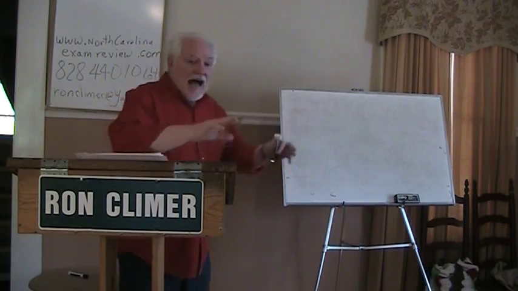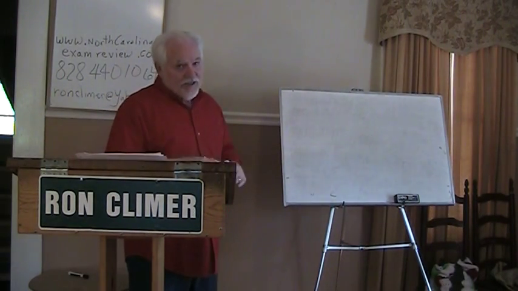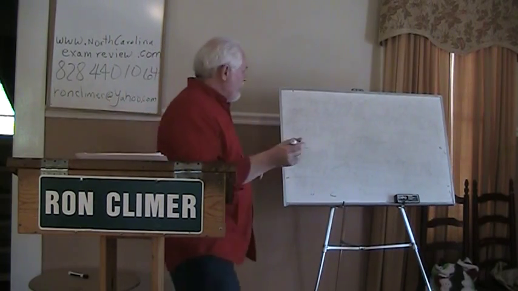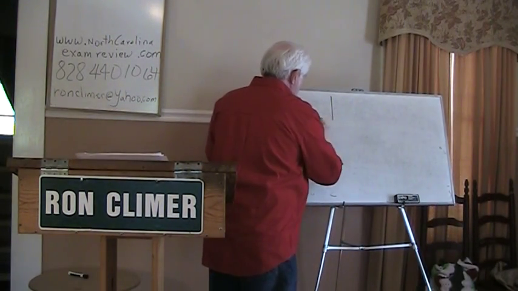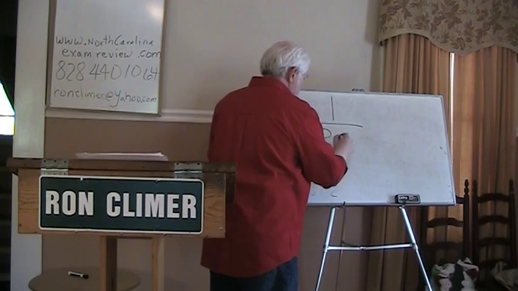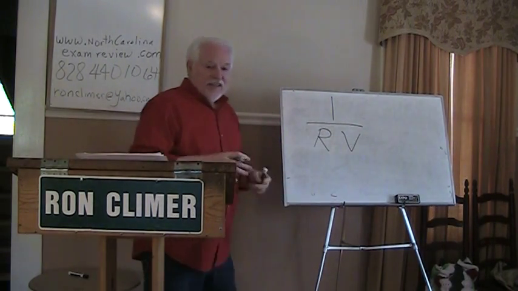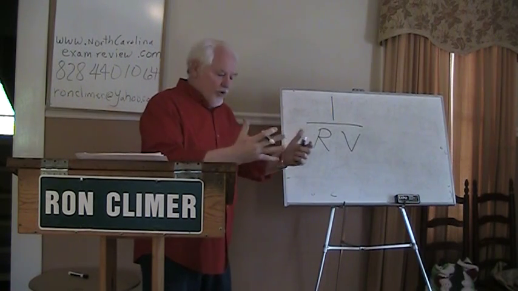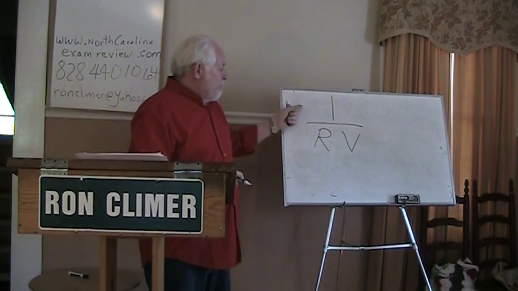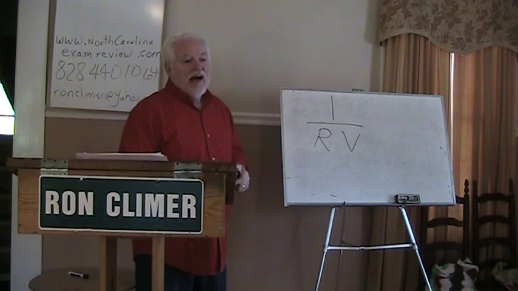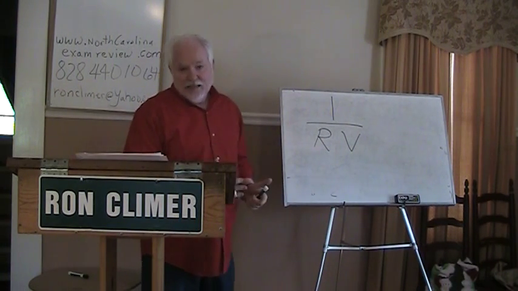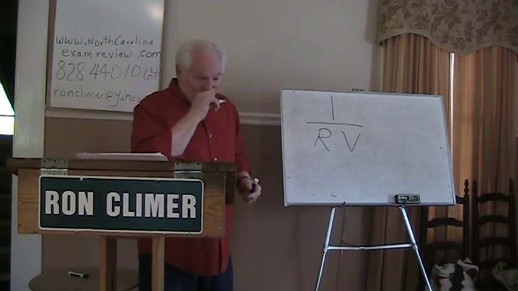Now, I assume if you've been to real estate school or you're enrolled in real estate school, your instructor has gone over this. IRV. This is how we determine the value of an income producing property. By the way, I've got other videos that have this in more detail.